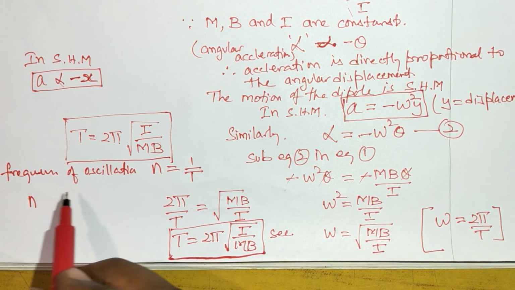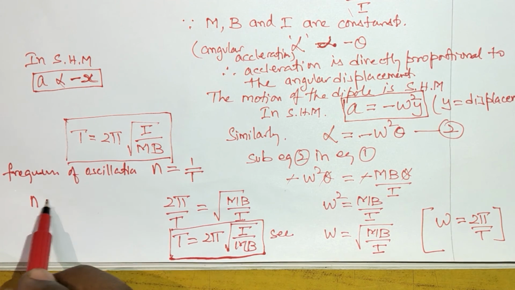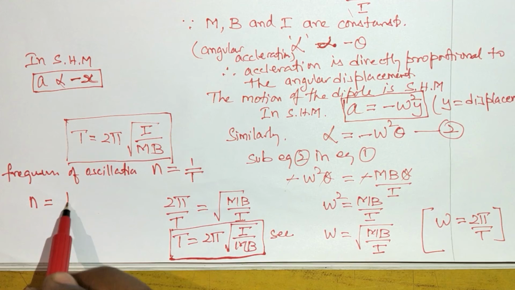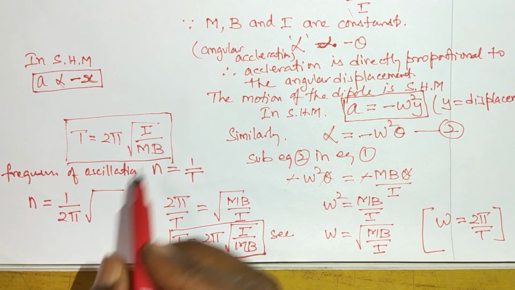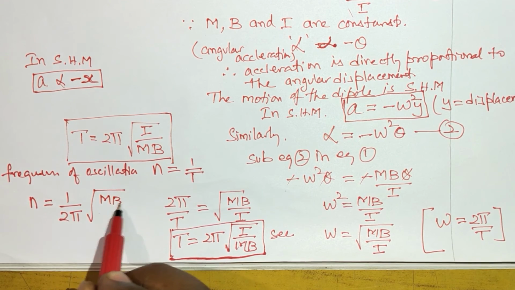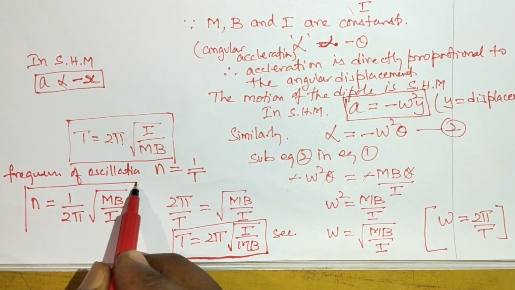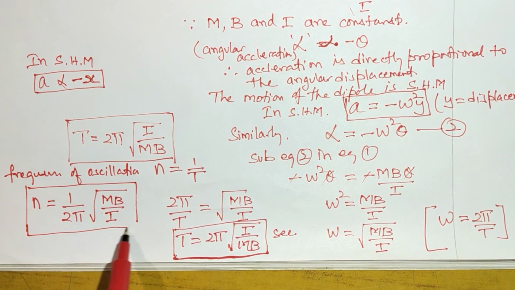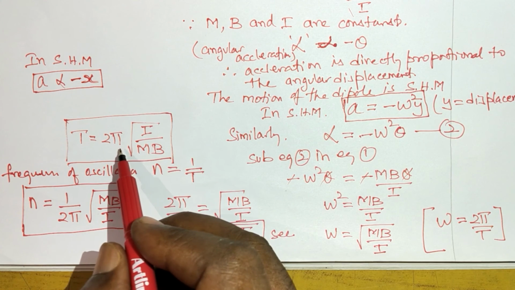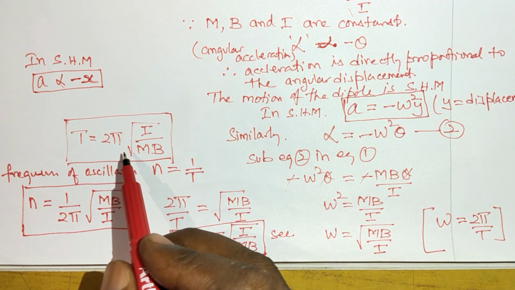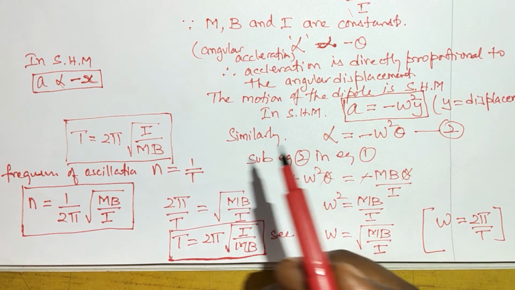Therefore, I can write the frequency of the magnetic dipole as the reciprocal of this, which is what? 1 by 2 pi square root of M into B by I. So, this is the formula to measure the frequency of a magnetic dipole placed in a uniform magnetic field. This is the formula to measure the time period of a magnetic compass placed in a uniform magnetic field.